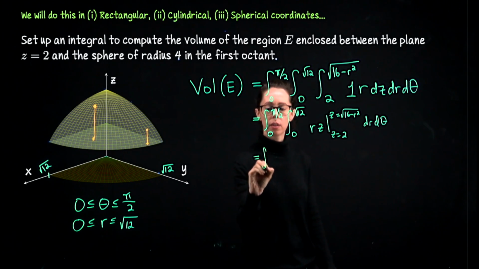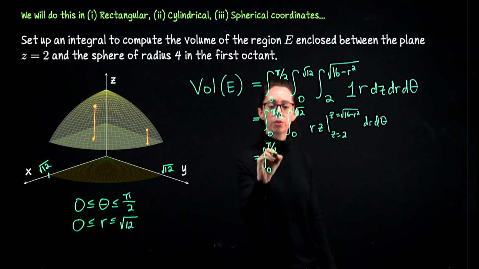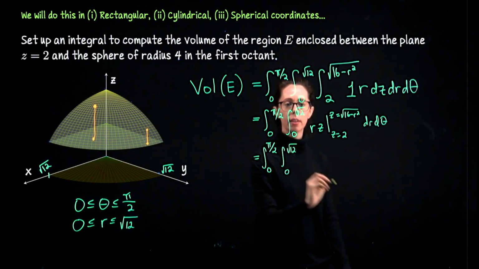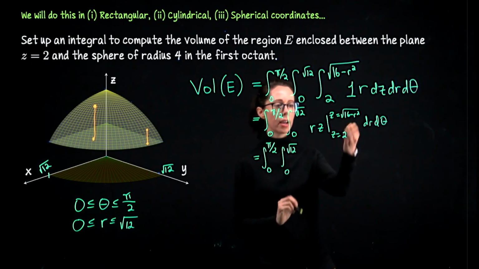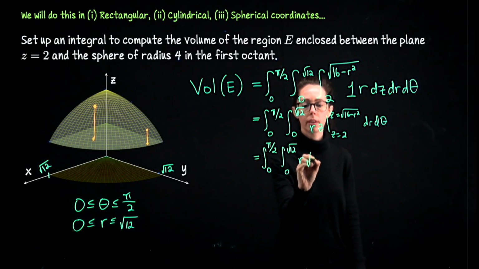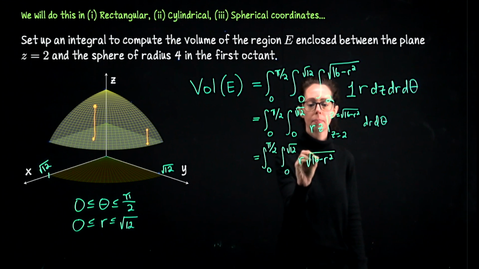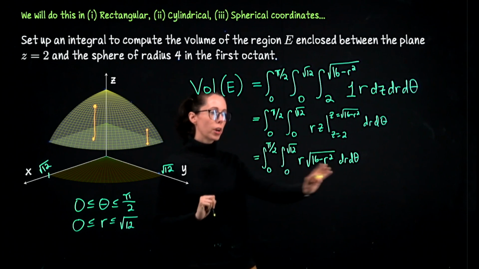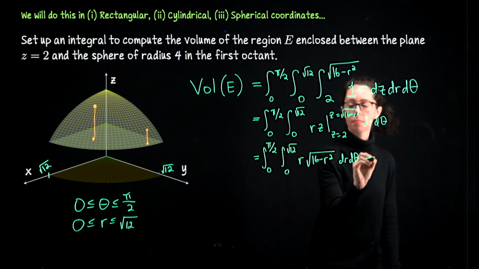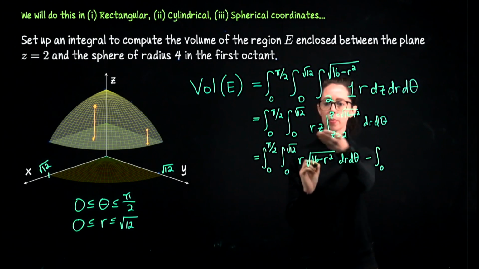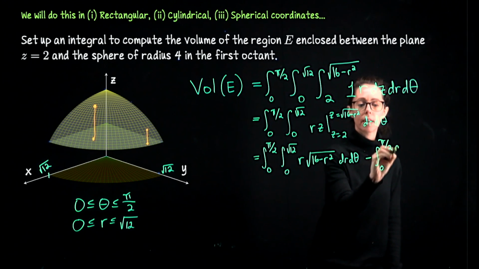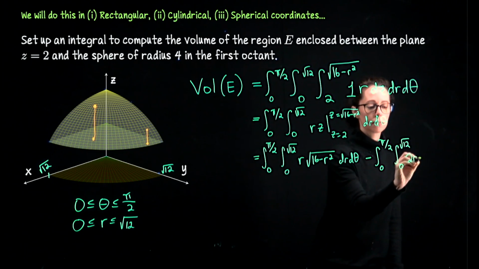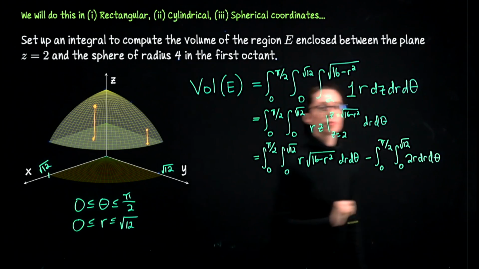So my first one will go from 0 to pi over 2 for theta, and from 0 to the square root of 12 for r, and then I'll write r times the square root of 16 minus r squared dr d theta, and then subtract from that the other one, which is actually just going to be 2r, the integrand. So that's nice.